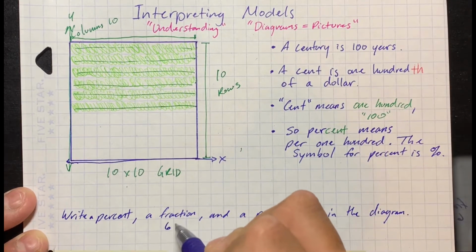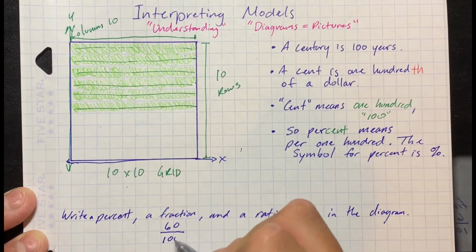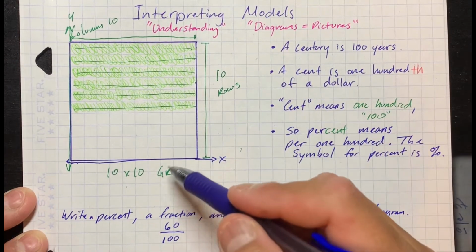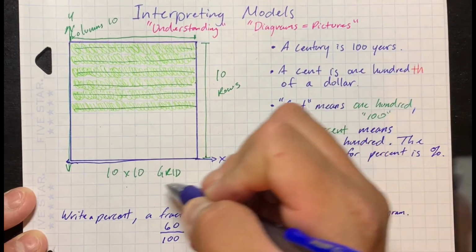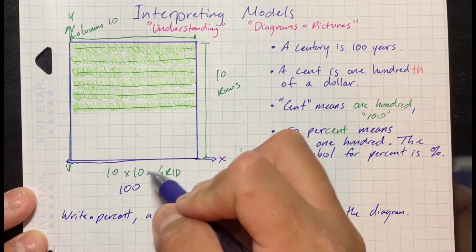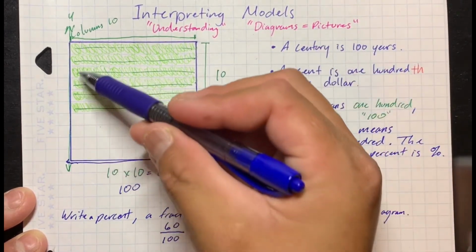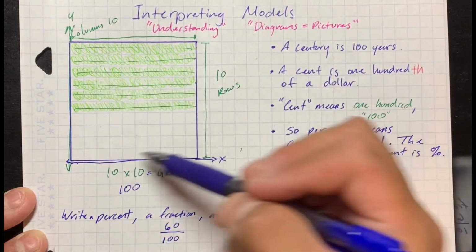We have 60 units per 100. So if we multiply 10 times 10, we're going to get 100. So there are 100 units within this 10 by 10 grid, within this 10 by 10 diagram.